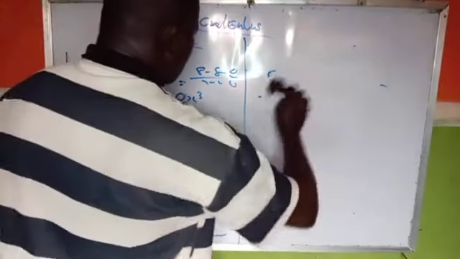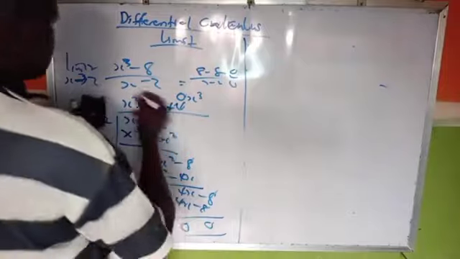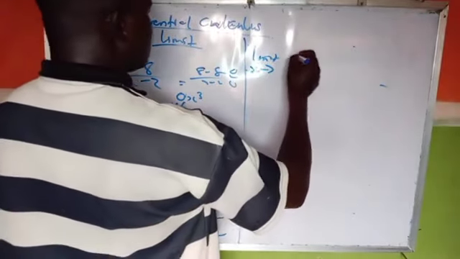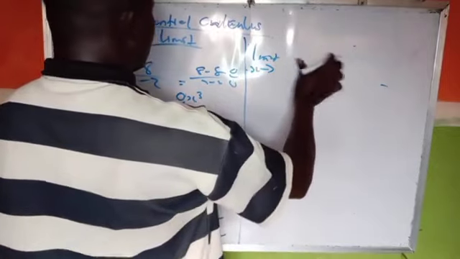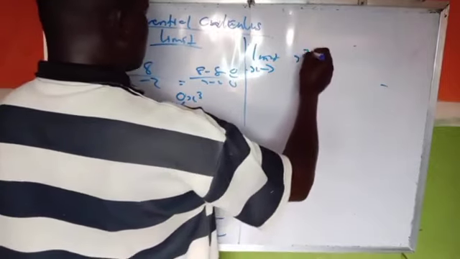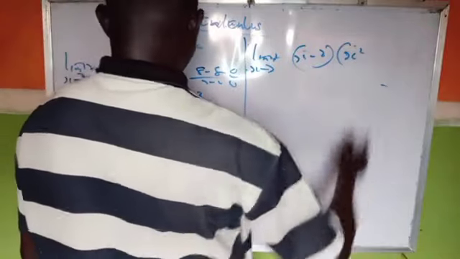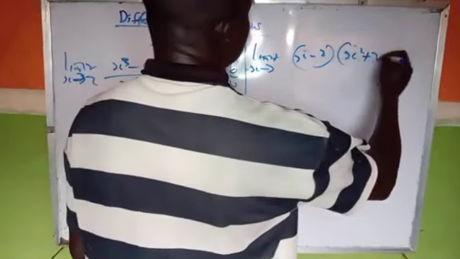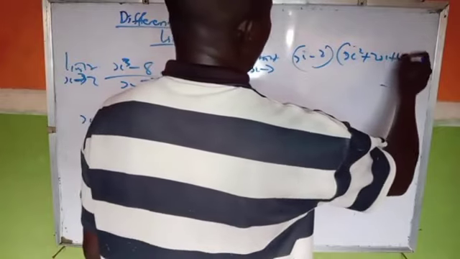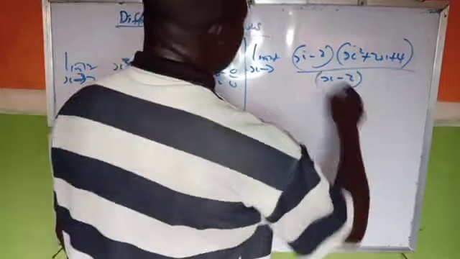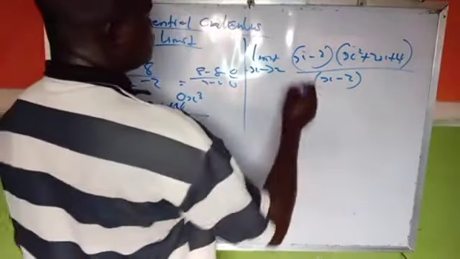Now, you have divided it. That is what you can now have that expression as: x minus 2 times x squared plus 2x plus 4, over x minus 2, as x tends to 2.